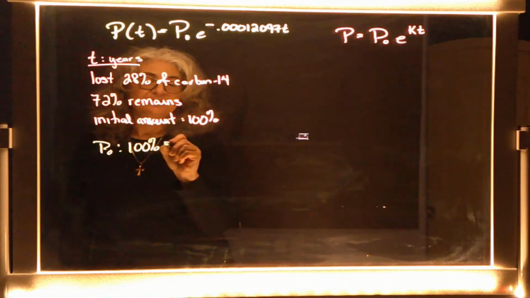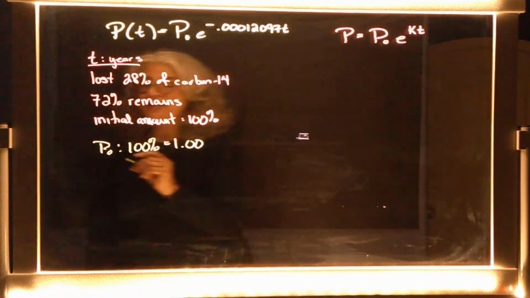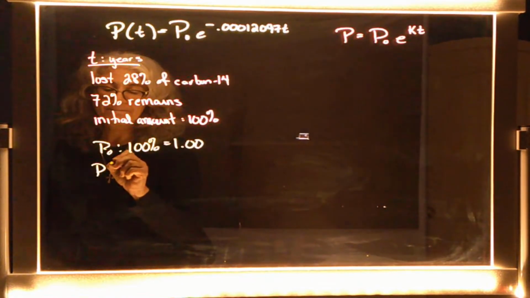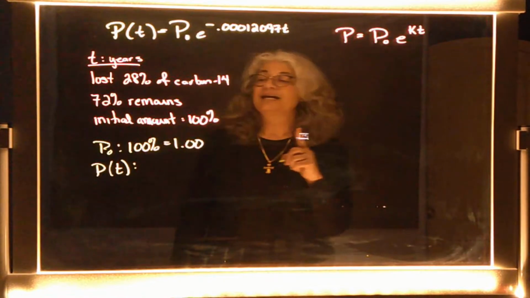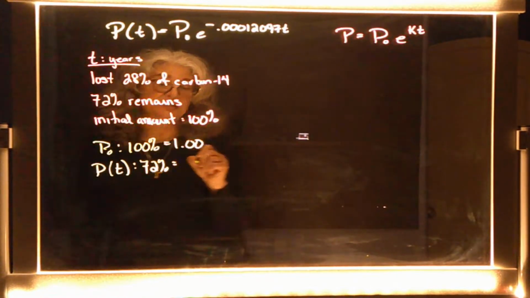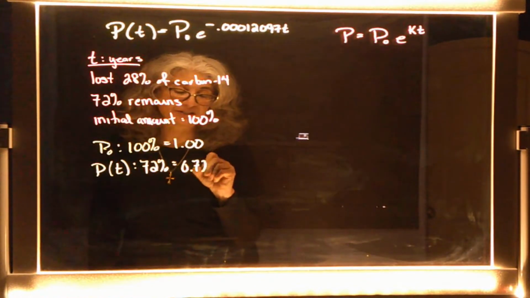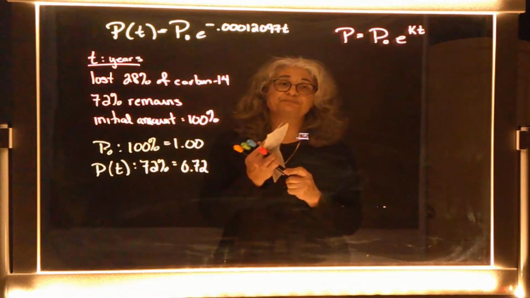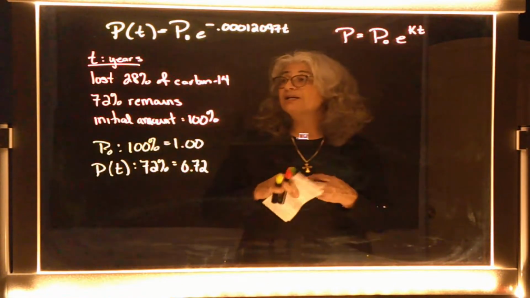Yeah, 1.00, right, or just 1. And the ending amount, P at whatever time that is, how much? Yep, 72% remains, but again, we don't use it with a percent sign. Good, we use it as a decimal, so 0.72, correct? All right, looks like I can start setting up my equation.